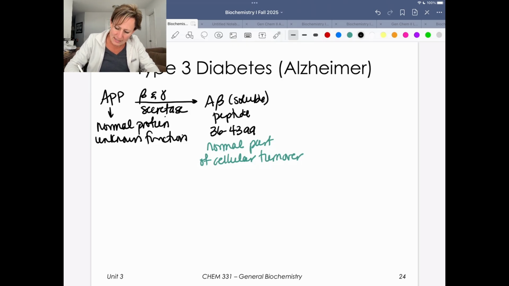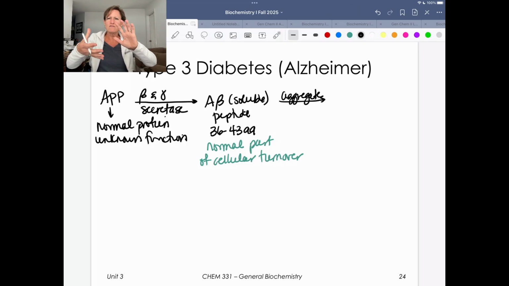Now, where things become problematic is if these soluble A beta peptides begin to aggregate. And we talked about in our protein folding funnel that idea of how we think about proteins folding, once you start forming interactions, that becomes stable, right?